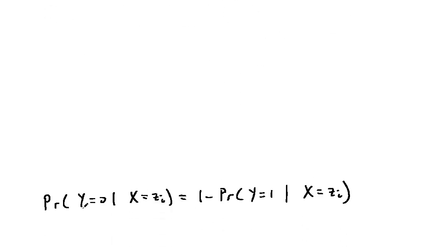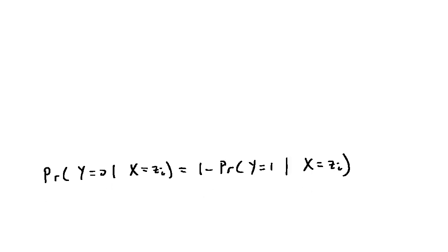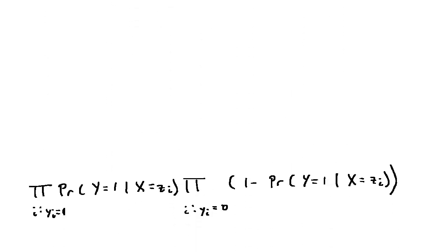Since the probability that y equals 0 given x equals zi is the same as 1 minus the probability that y equals 1 given that x equals zi, we can rewrite the product as this. So here we have the probability that y equals 1 given x equals zi, and this part becomes 1 minus the probability that y equals 1 given x equals zi.